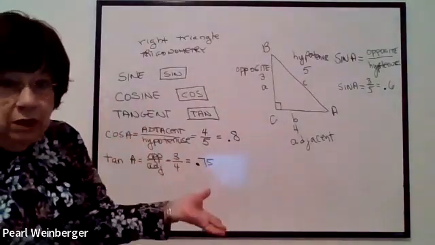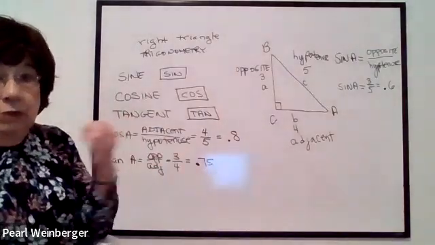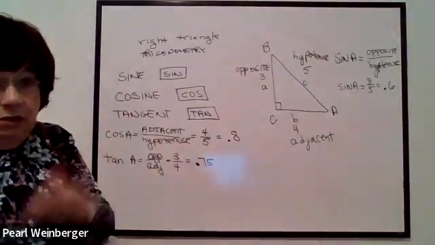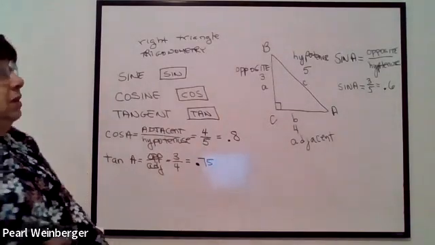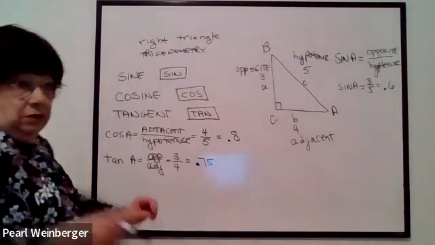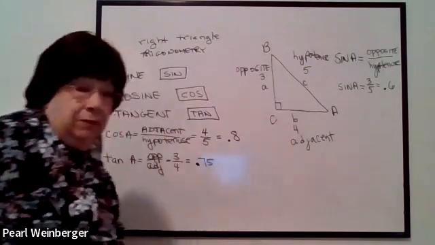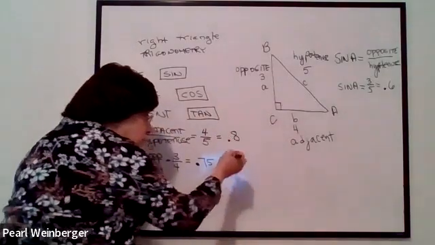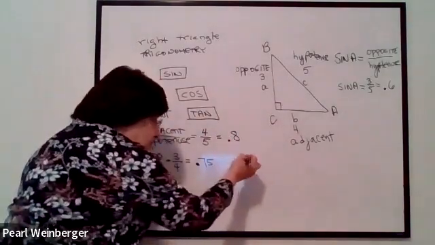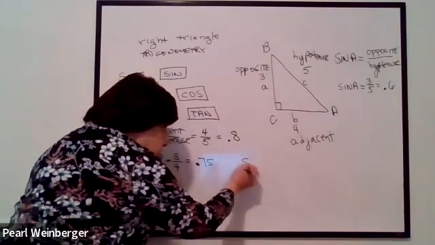If you're new and you never did this before, it's going to be really hard to remember because it could be any 2 sides. So there's something called a mnemonic device, a way of remembering something that makes it much easier. You might have heard this before.